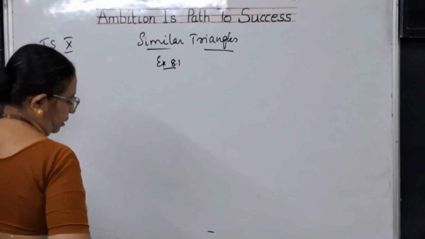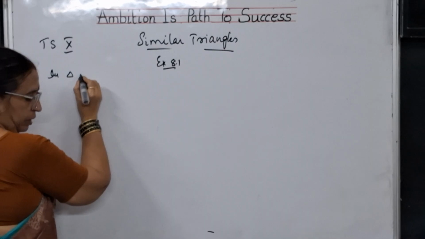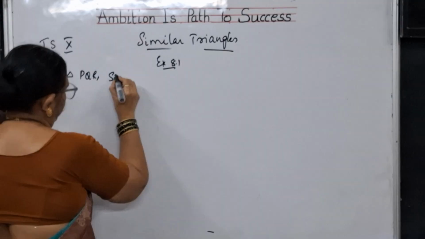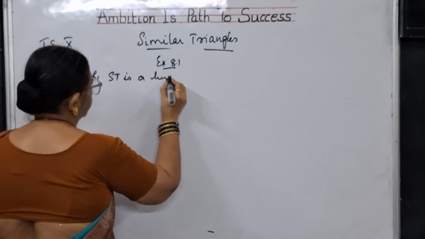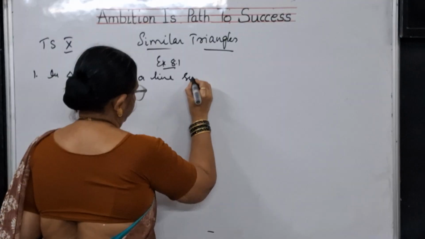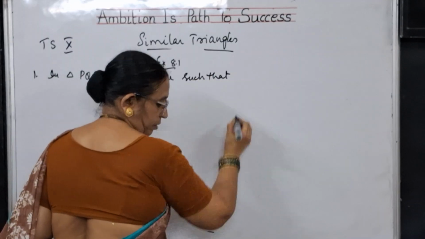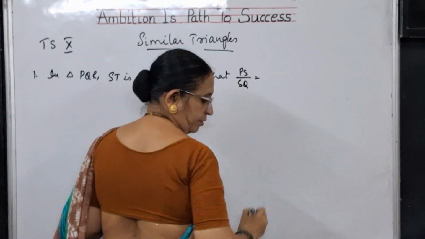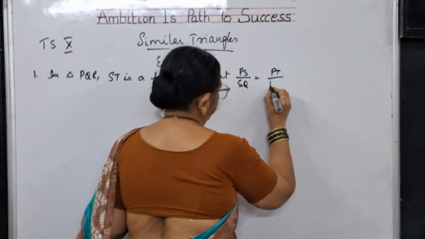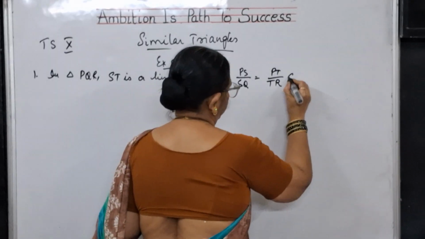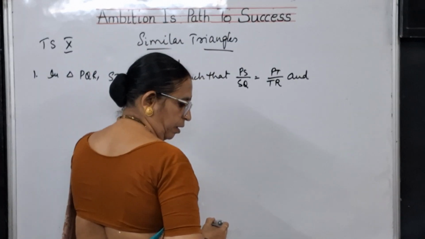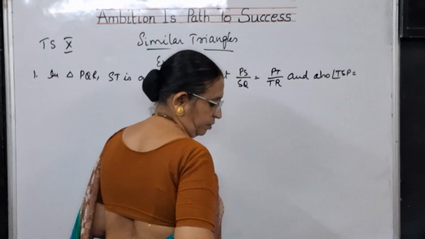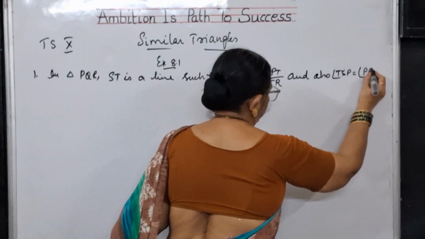In triangle PQR, ST is a line such that PS by SQ is equal to PT by TR, and also angle TSP is equal to angle PRQ.